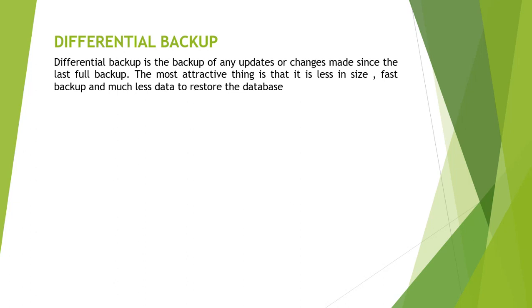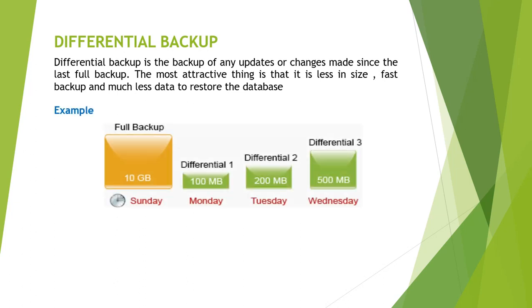The following image will clearly demonstrate with an example what differential backup is. On Sunday we have taken a full backup whose size is 10 GB. After that, on Monday we take a differential backup, which is 100 MB. What does 100 MB mean?